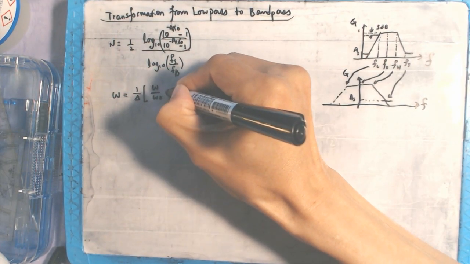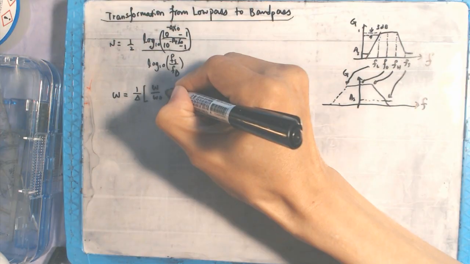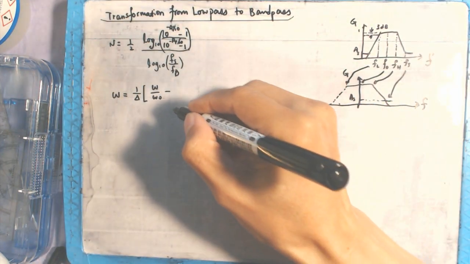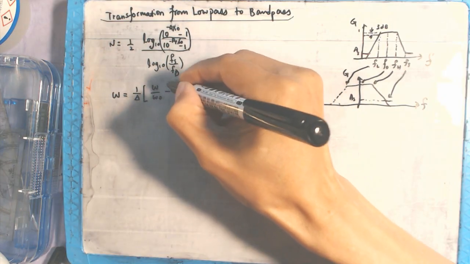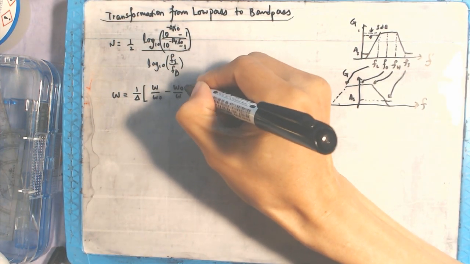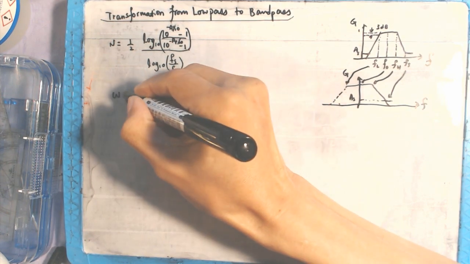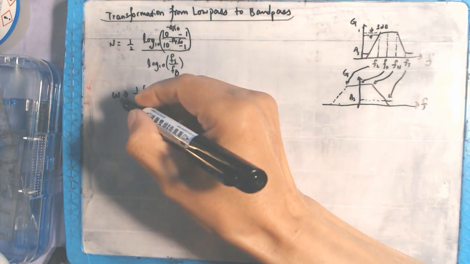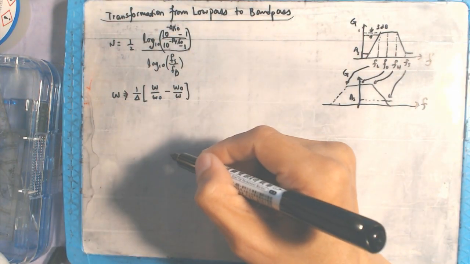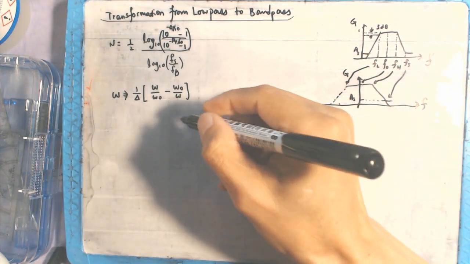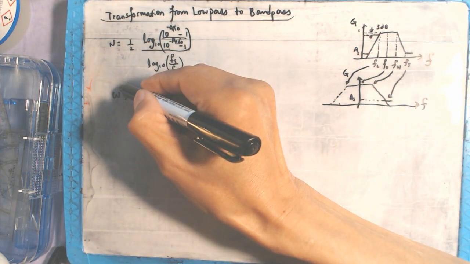Omega naught is the center frequency in radian. So you just need to convert this into this one, and replace all the frequency with this, and I will call this omega prime.